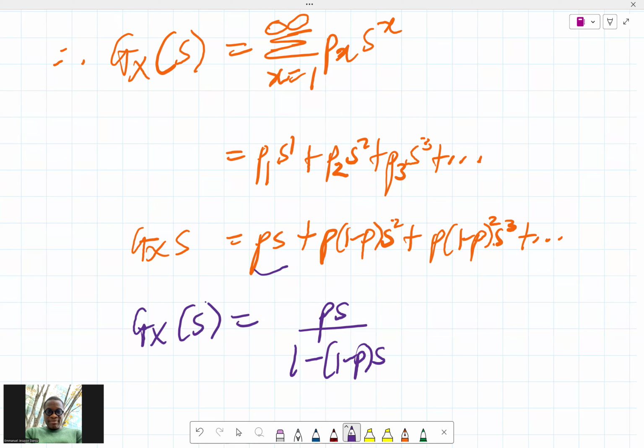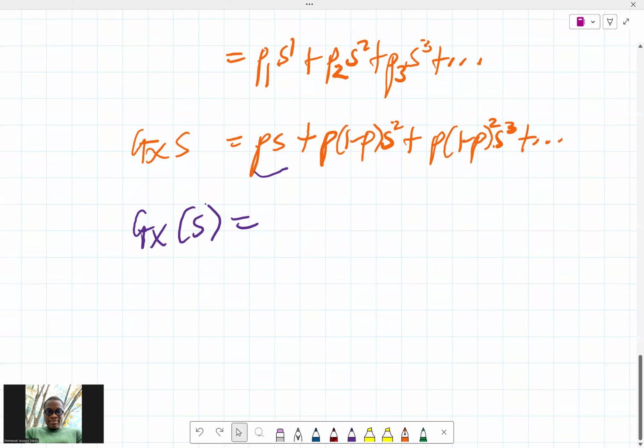Or better still, if we take out all the s's, at the end of the day we're going to have p all over 1 minus 1 minus ps.